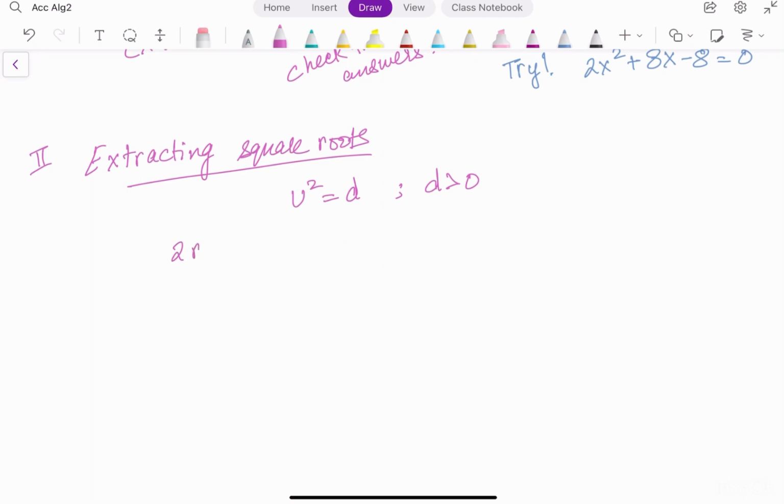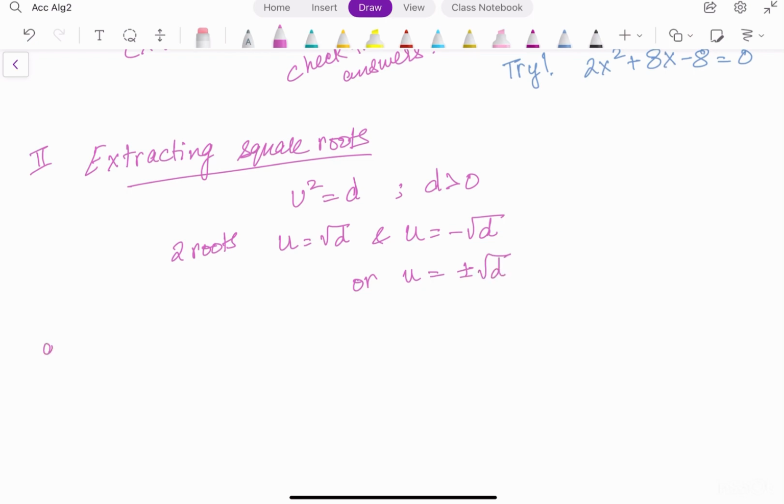Two roots means two solutions for u. U will be equal to square root of d, and u will be negative square root of d. You can rewrite it as u is equal to plus minus radical of d.